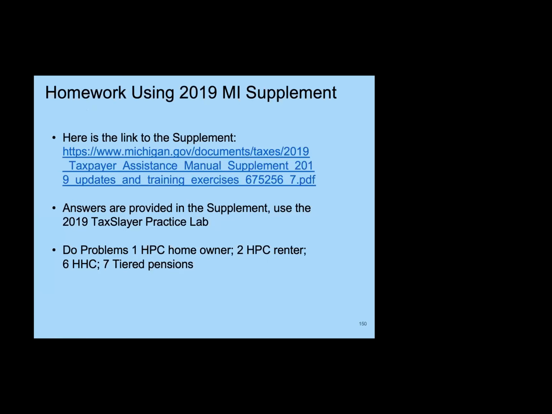Now, in 2018, Michigan did a supplement that had like 10 problems with 4 parts to each one. So it was like 40 problems. It was like a 1 ABCD, 2 ABCD, and so on. For 2019, they came out with a supplement like in August or September, way after the tax season was over.